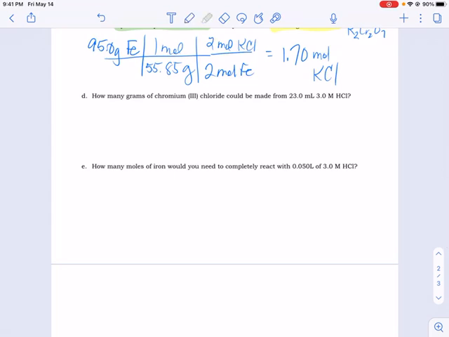Letter D. How many grams of chromium 3 chloride could be made from 23 milliliters of 3 molar hydrochloric acid? So we're starting with the hydrochloric acid. 0.0230 liters multiplied by 3.0 moles per liter of HCl.